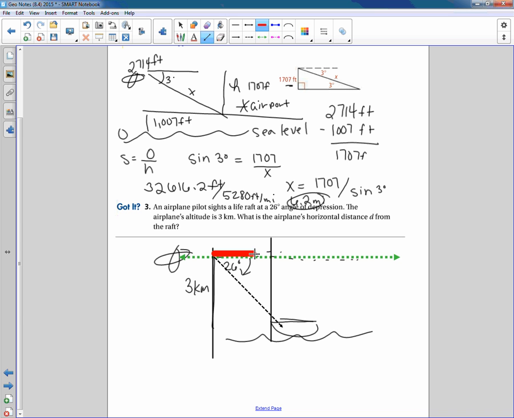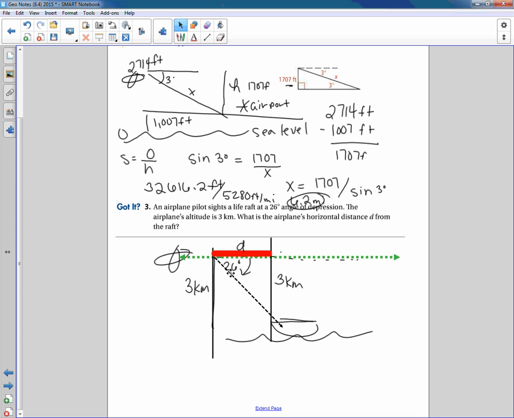So what is this distance right here that we're looking at? Okay, so here is what we're looking for. This would be D, if you will. This would be my degree, and this right here would also be equivalent to 3 kilometers. So 3 kilometers on both sides.